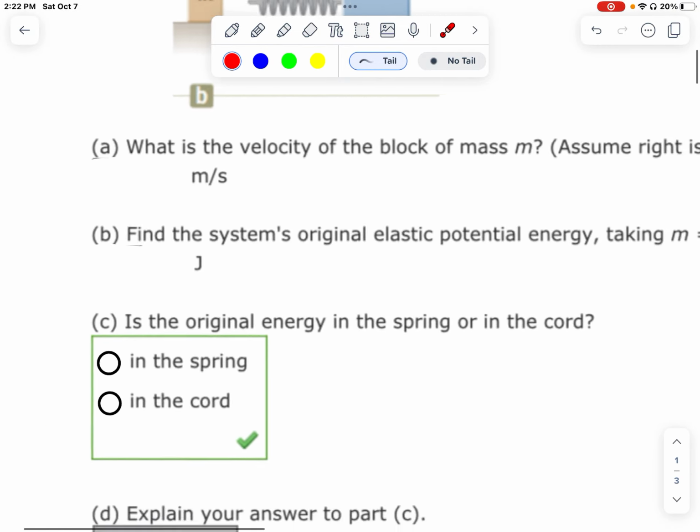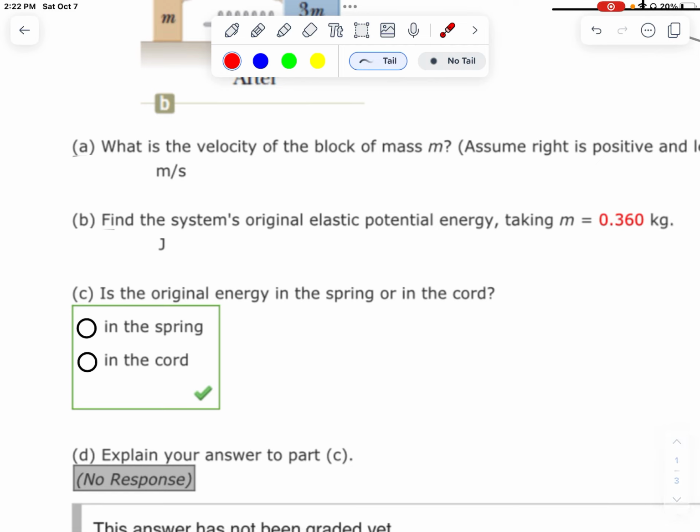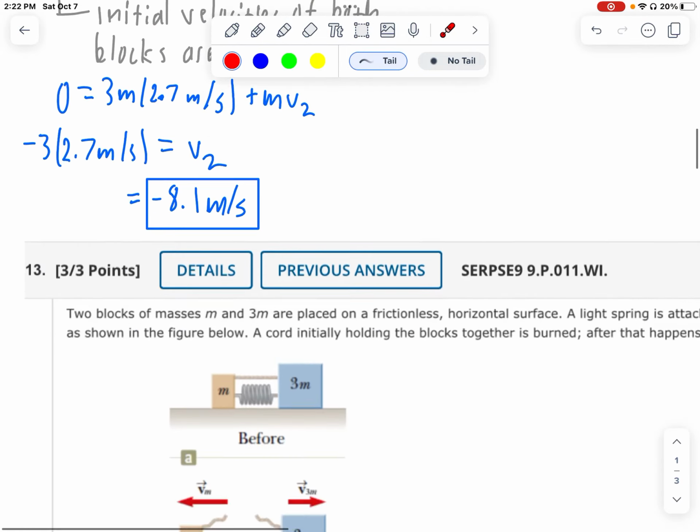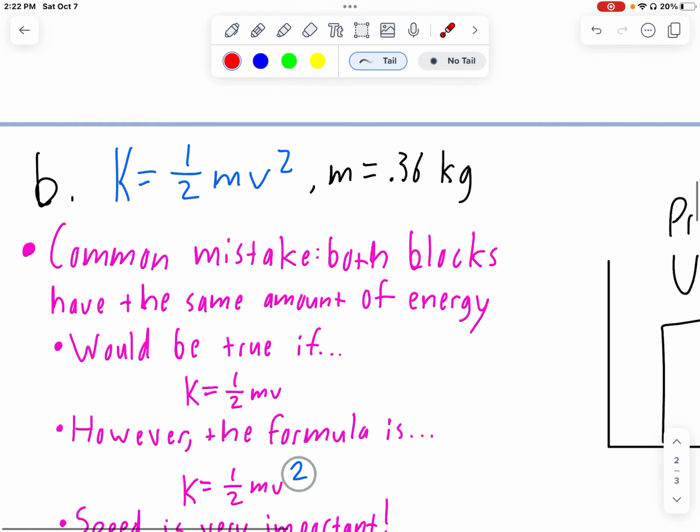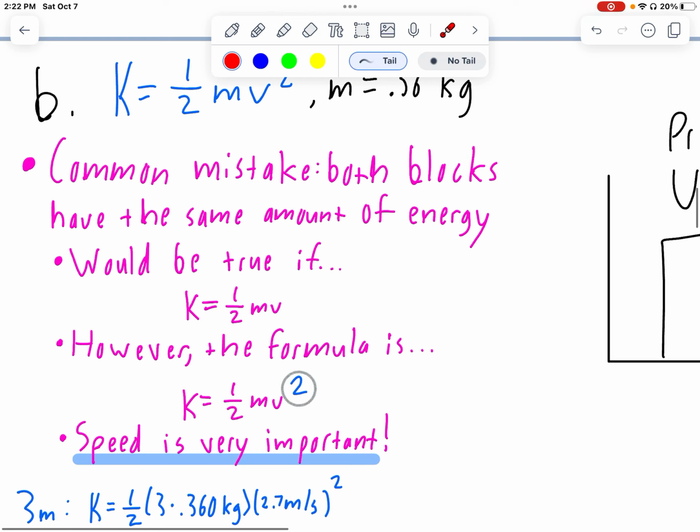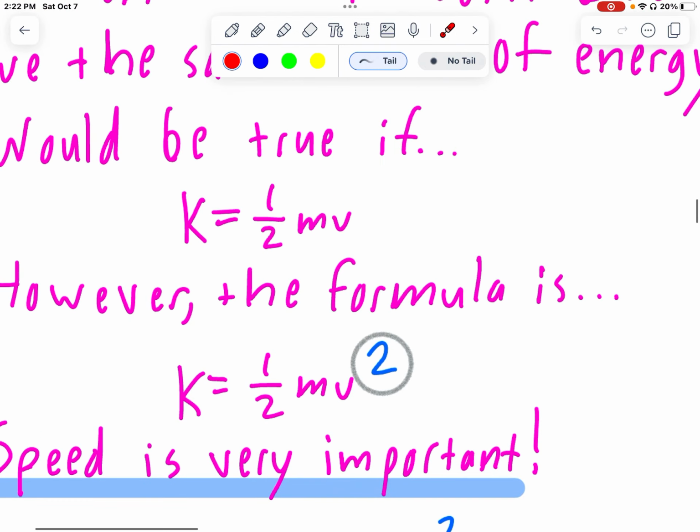Part B asks to find the system's original elastic potential energy, taking m equals 0.36 kilograms. So we're going to set up a kinetic energy equation. I listed the given mass. A common mistake you might make is assuming both blocks will have the same amount of energy, and that would be true if this was the equation solved for kinetic energy.